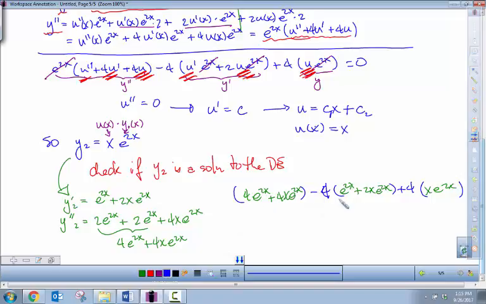All right, let's see if this works out. We can again factor out an e to the 2x. So e to the 2x factored out.